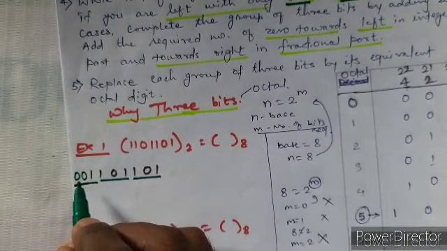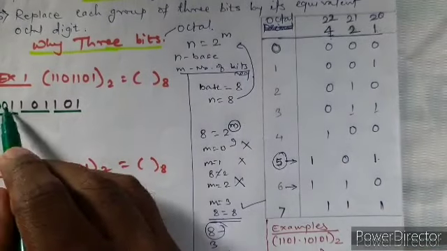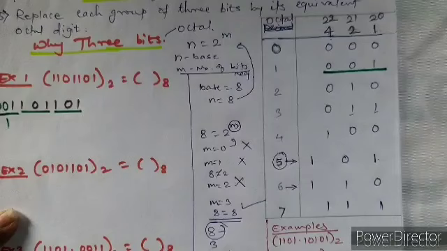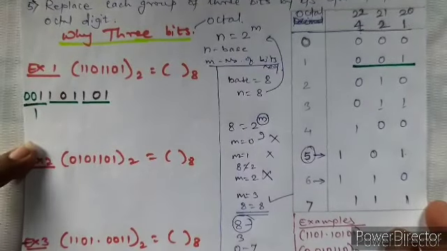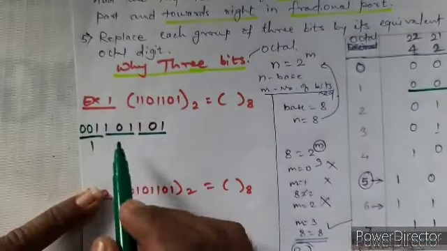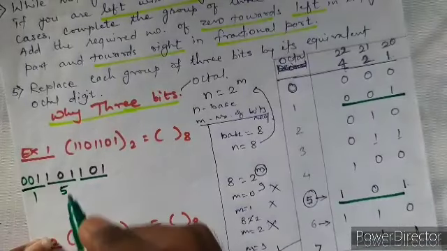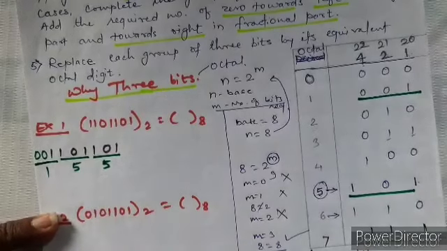Now when the groups are complete, I have to go to the table and see what 0 0 1 is. So 0 0 1 is 1 here, right? Then what is 1 0 1? 1 0 1 means 5, and again this is 1 0 1, this is 5.